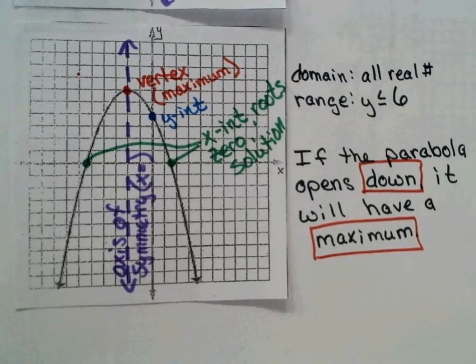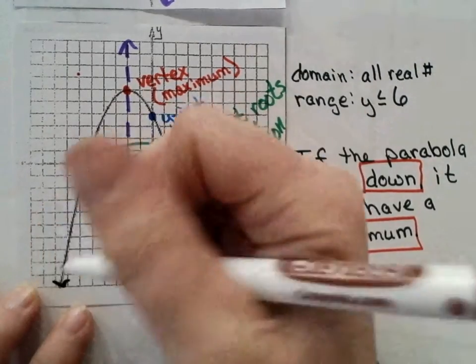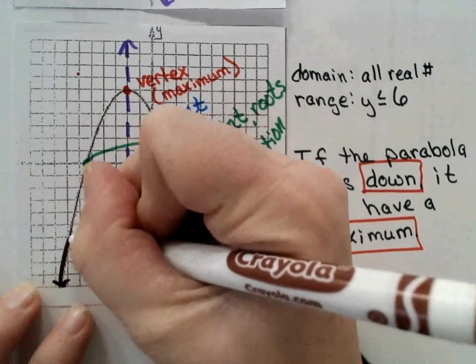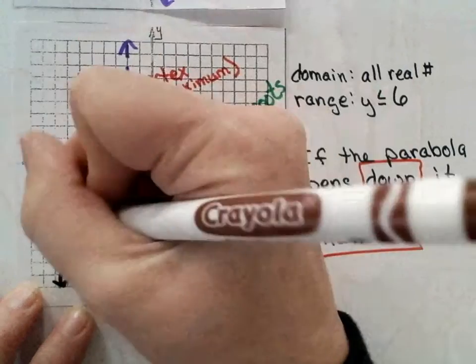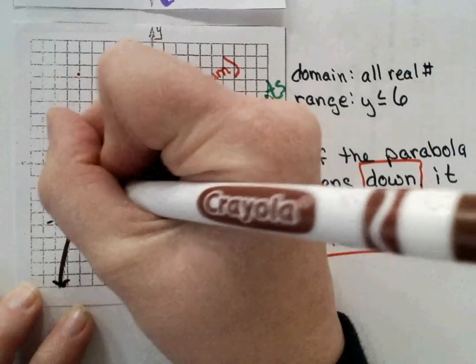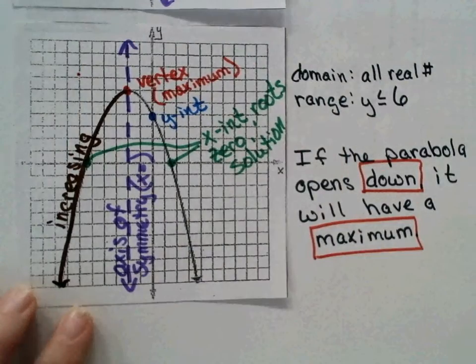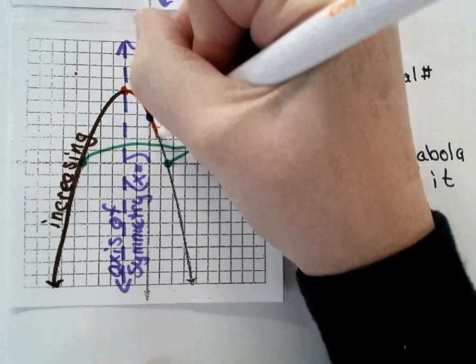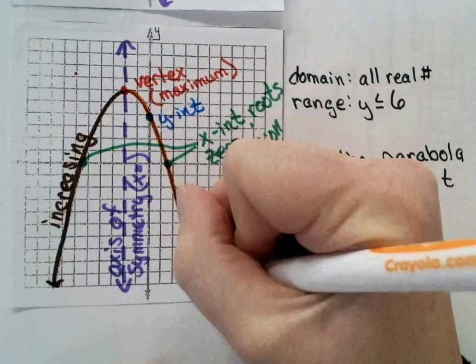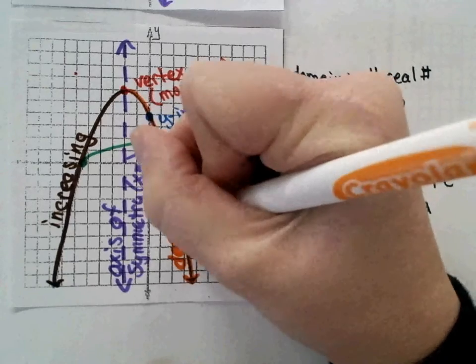Okay, and the last two we need to label are where your parabola is increasing and where it is decreasing. If I start here at the left side, my pencil or marker is going up, so this is increasing. And then once I get to my vertex, my parabola is going down, so this is decreasing.